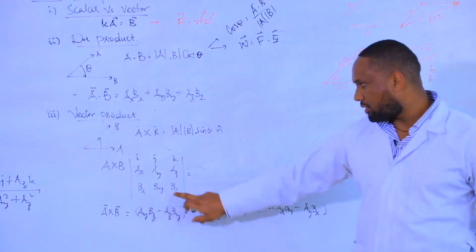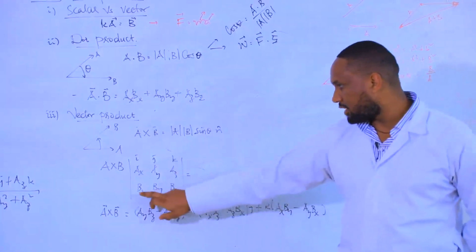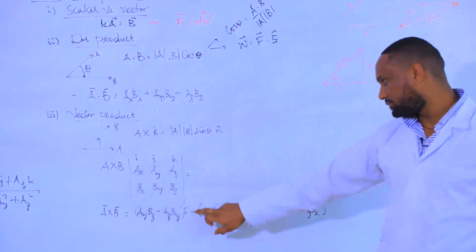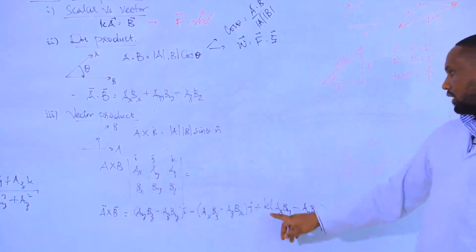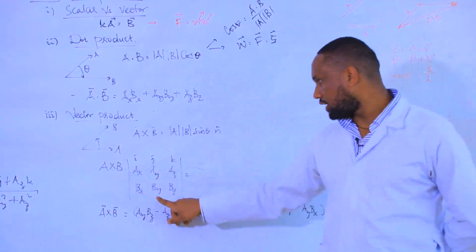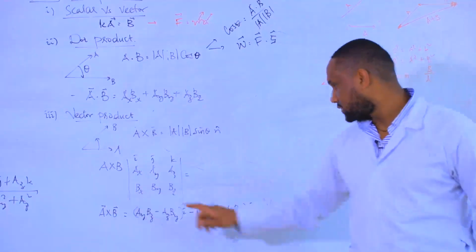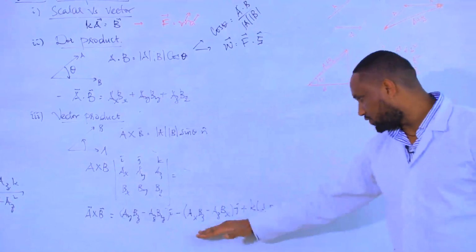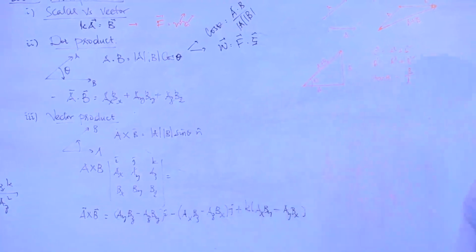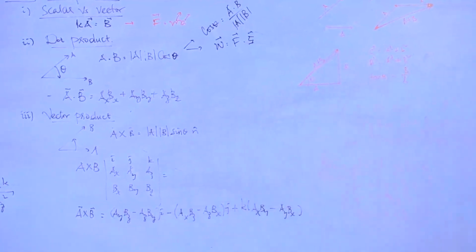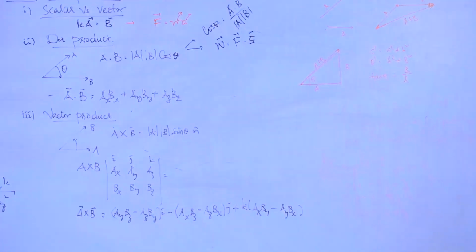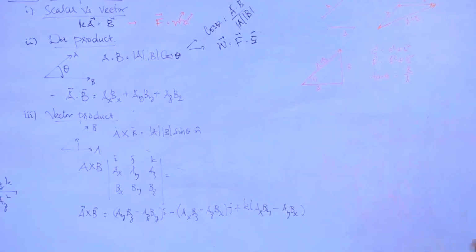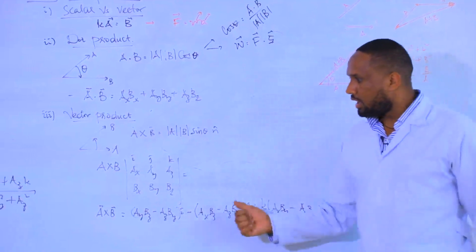Then this multiplied by this minus this multiplied by this, times minus j. And finally (AxBy minus AyBx) in the k direction. As you can see, a number in the i plus a number in the j plus a number in the k gives us another vector. So the cross product of two vectors is another vector which is perpendicular to both vectors A and B.